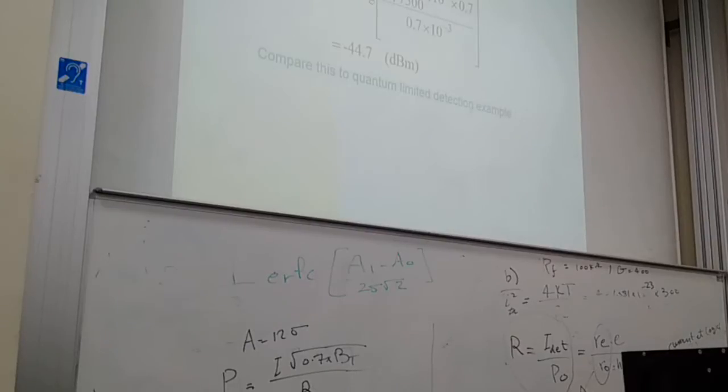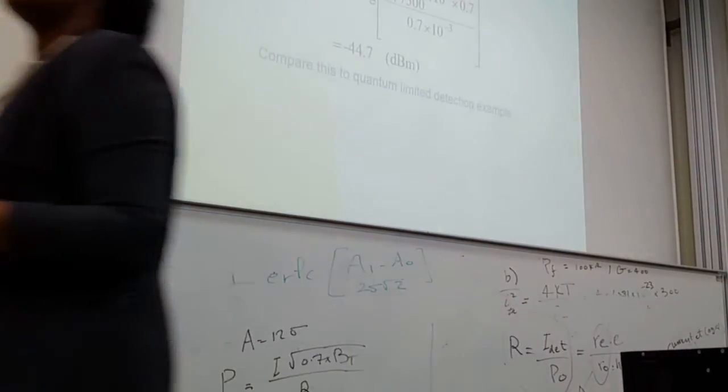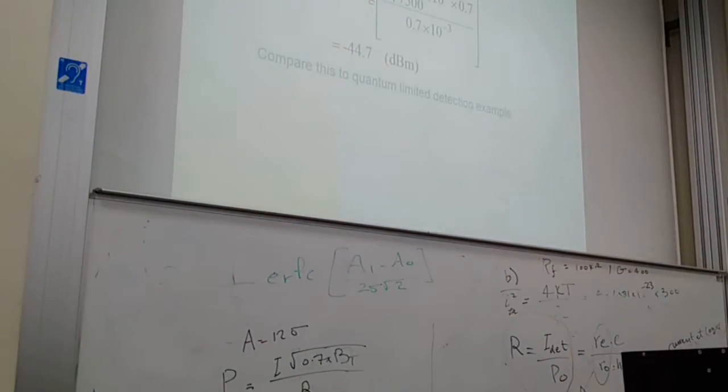What were we considering when we calculated the quantum limit? I talked about that at the beginning of Tuesday's lecture. What is the difference between what we are doing now and what we did 2 weeks ago? In both cases, we were evaluating the performance of the system under noise.